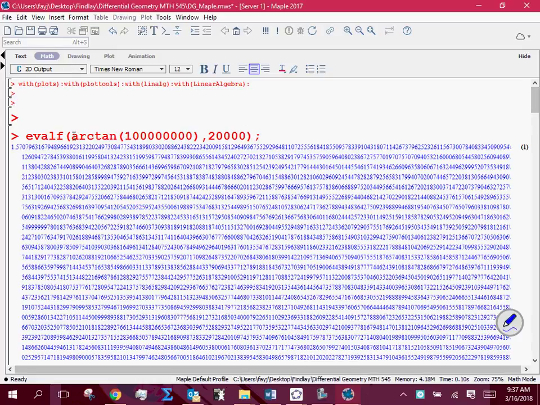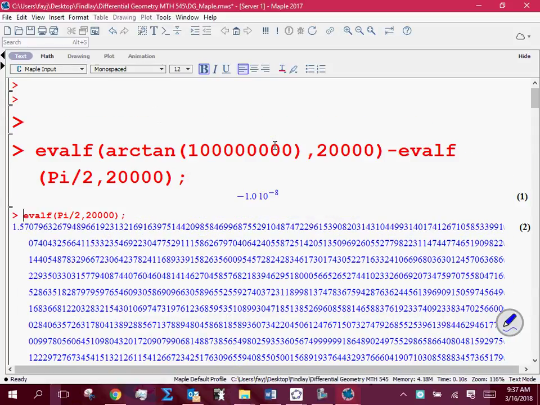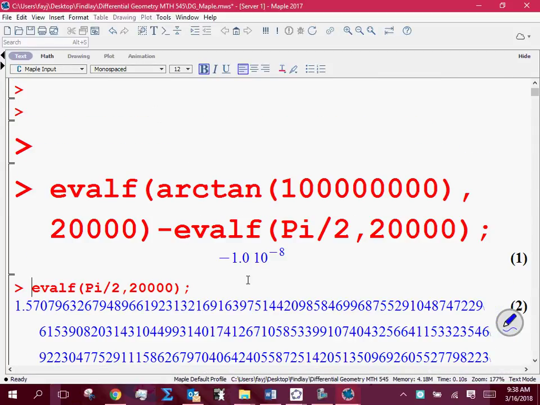Eval F, let's do that minus eval F of pi divided by 2, comma 20000. So we get this number here, which would be point and then 7 zeros and then a 1, right? So we're seeing that if I subtract those two values, we do get a discrepancy. They're not the same. Does that make sense, everybody?